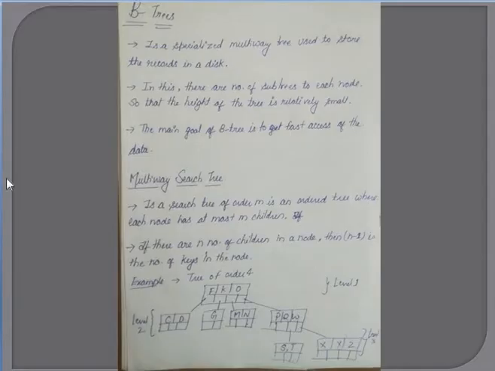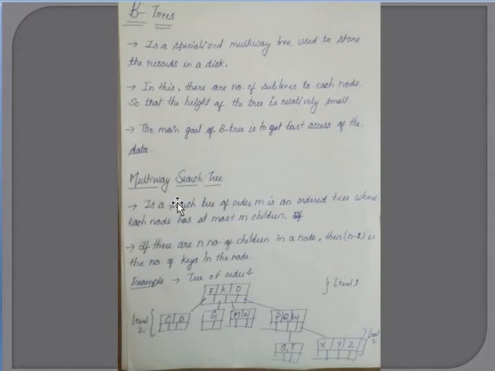Now let us see what a B tree is. It is a specialized multi-way tree that is used to store records on a disk. If there are a number of subtrees for each node, the height of the tree is relatively small. The main goal of a B tree is to get fast access to the data, as we are going for the multi-way search tree.